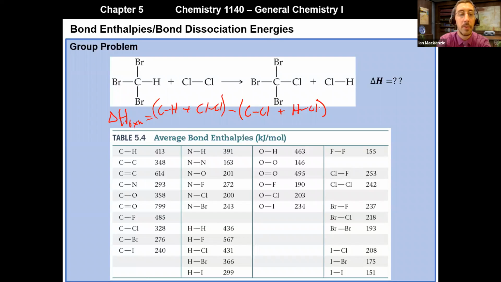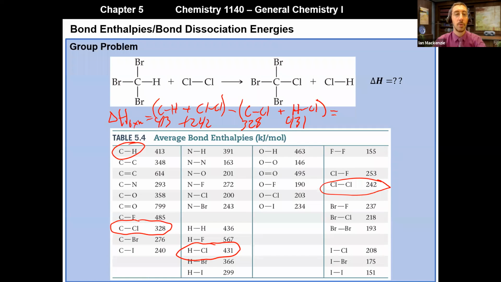And so I substitute those numbers in, 413 for CH, ClCl, that one we had here as being 242, CCl, down here at 328, and then HCl, frequently the H is listed first, 431.